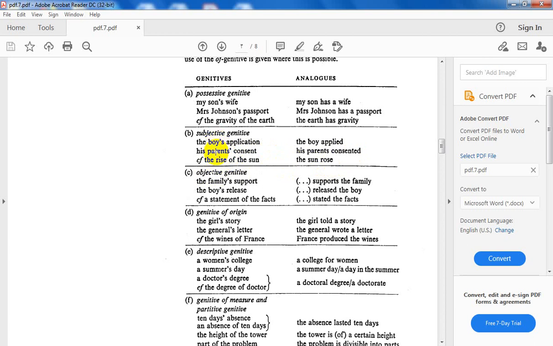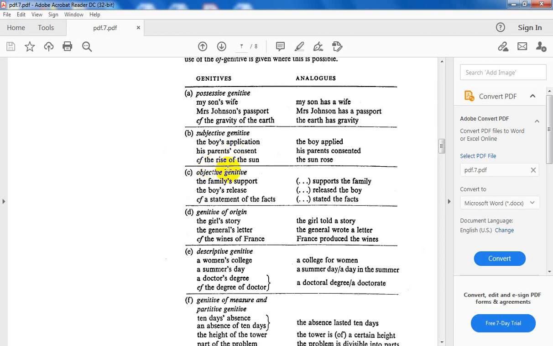Of course, here you see boy is animate, personal, human. Application is non-human, non-personal, but you see, it takes the S genitive. Parents is a human. Consent is non-human, but again I have the S. And by the way, parents is a plural, so you see we put just the apostrophe after the plural S. There is no need to add the S genitive, just the apostrophe.